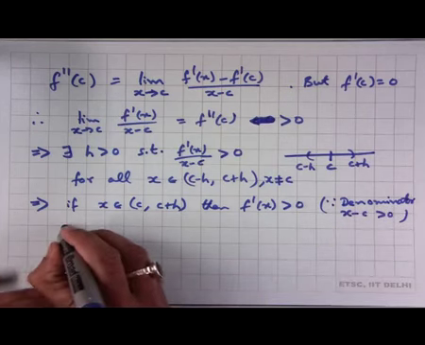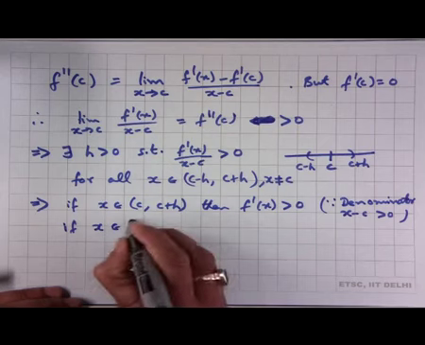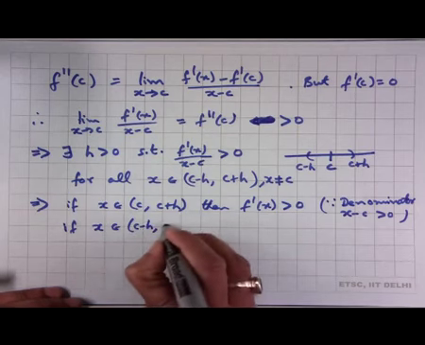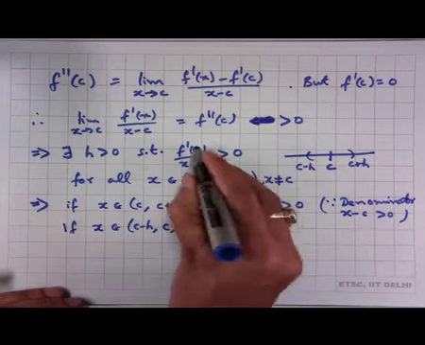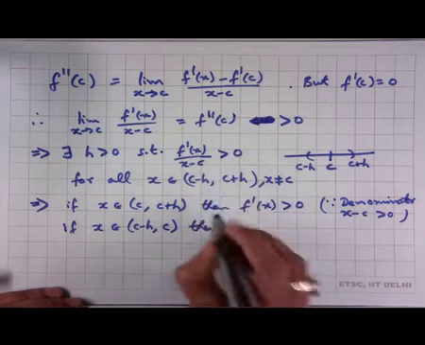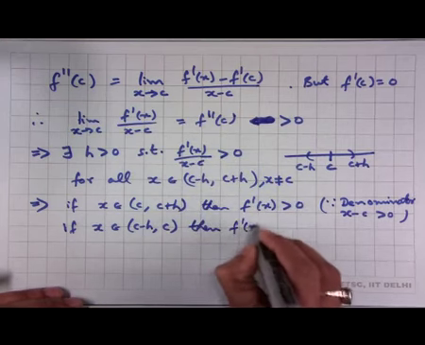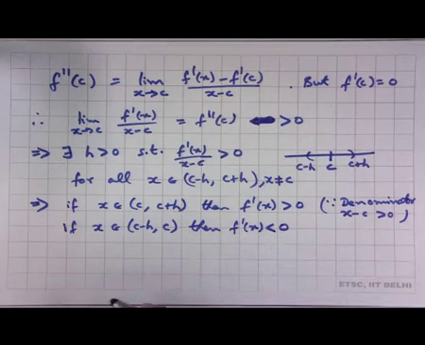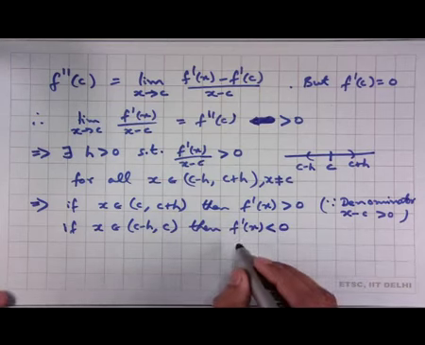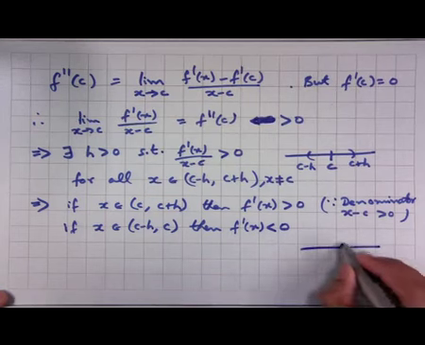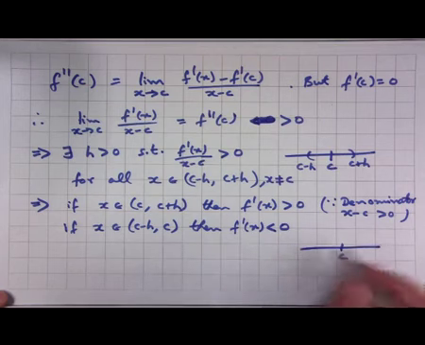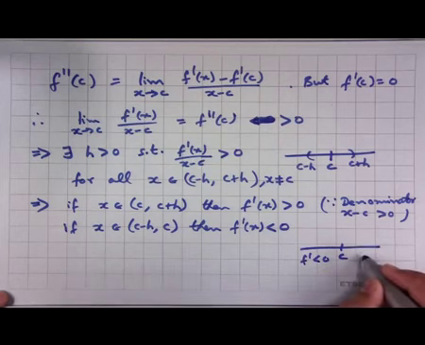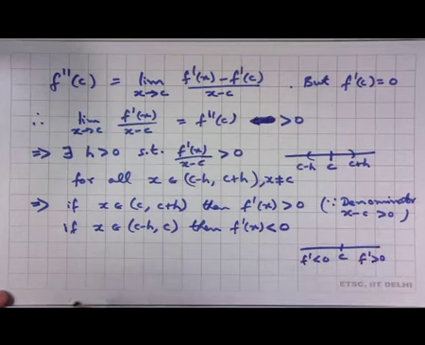And if x is less than c, if it is in c minus h to c, then x minus c is negative, and we want this ratio to be positive, so f prime x must be negative. So, what we see is that the sign of f prime is negative for x less than c and positive for x greater than c.